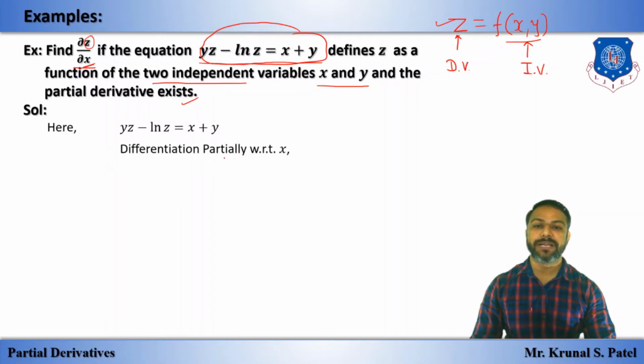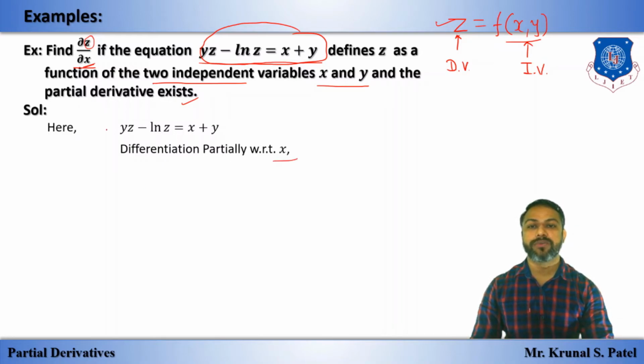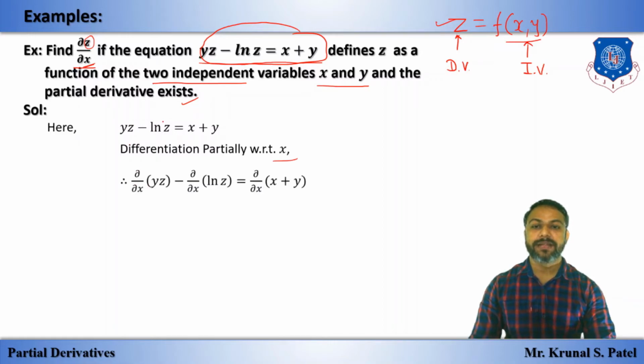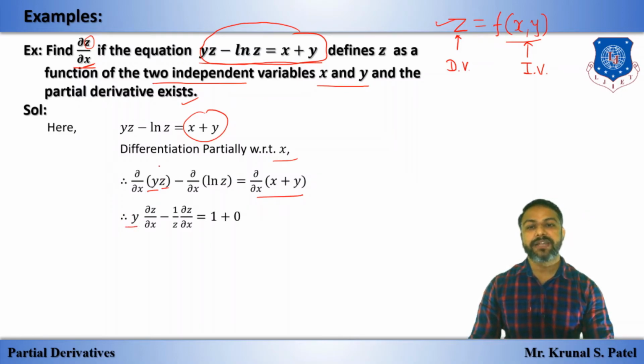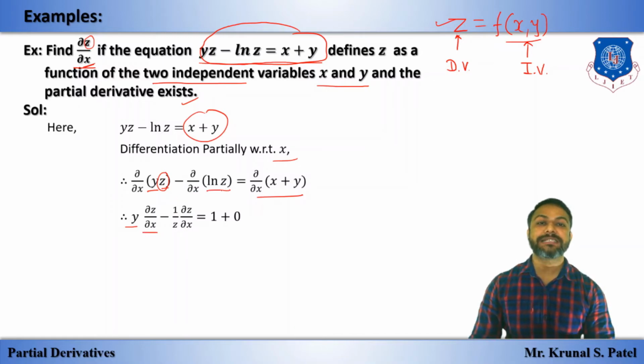Now differentiating partially with respect to x, apply del by del x to each term: del by del x of yz, del by del x of ln z, and del by del x of x plus y. Whenever we differentiate partially with respect to x, y is treated as a constant and z is our function, so y constant as it is, and differentiation of z will be del z by del x, minus differentiation of ln z.